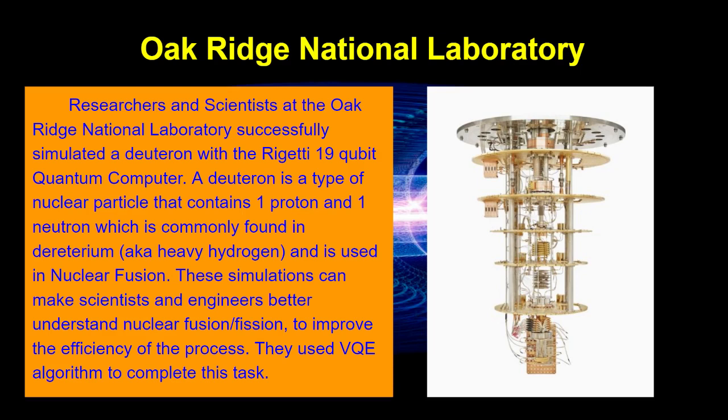These simulations can help scientists and engineers better understand nuclear fusion and fission to improve the efficiency of the process. They used the variational quantum eigensolver algorithm to complete this task.